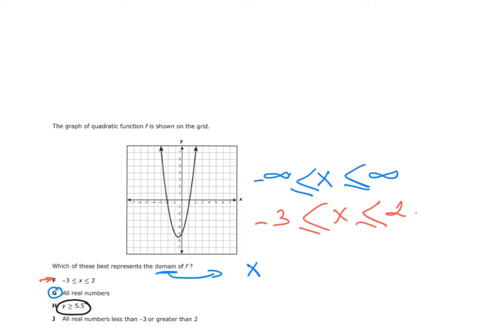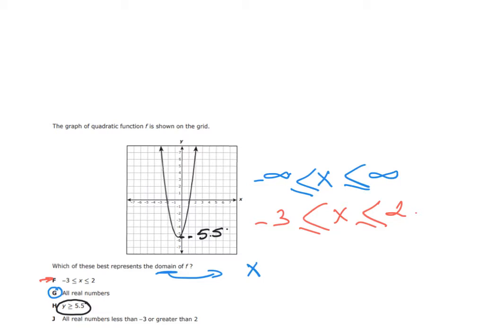Now, we talk about y if they ask us about the range. Let's suppose I change the question and ask what is the range of this graph. If I want to see the range, you need to see where the graph starts in terms of y. The y-axis starts from here, which is negative 5.5.